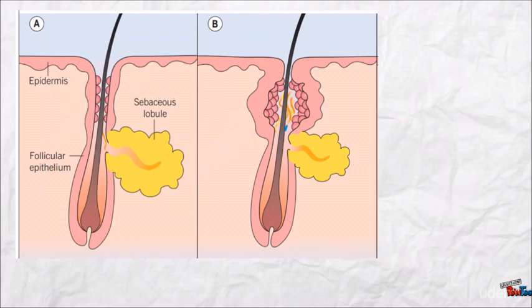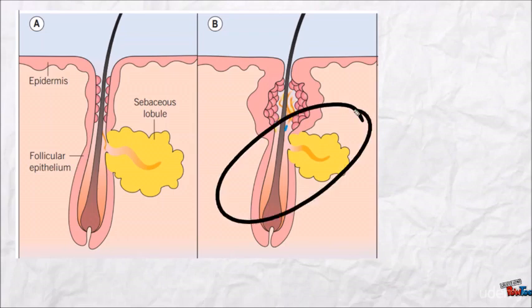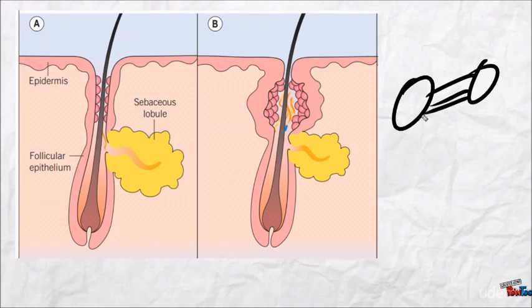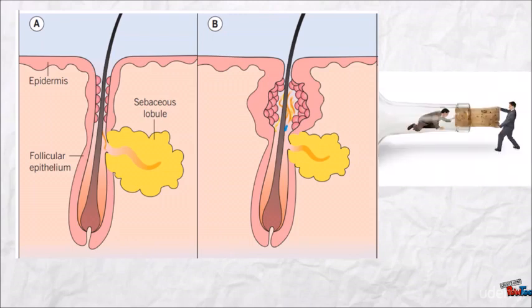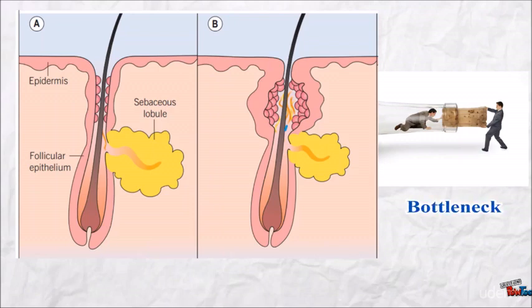As we can see, the cells here are increased in number. These cells are blocked at the entrance of the hair follicle and substances accumulate. Moreover, these new cells stick to each other even more and more, forming what is called a bottleneck phenomenon and subsequent microcomedo formation.